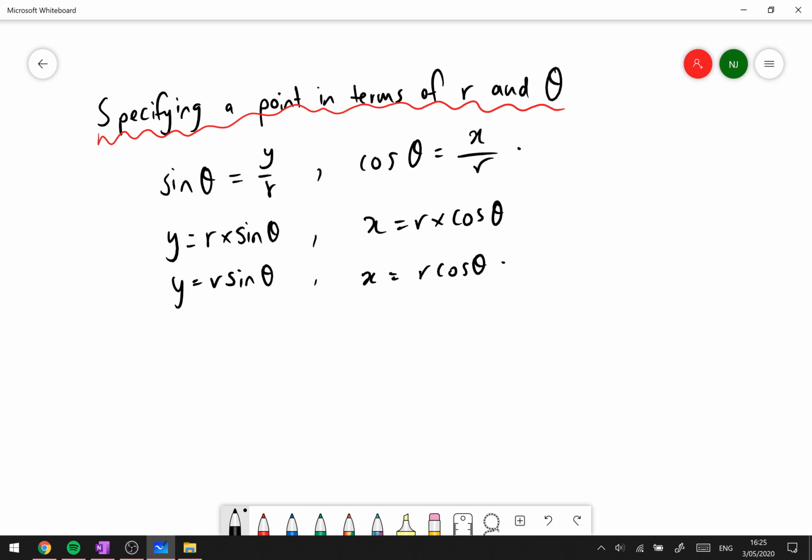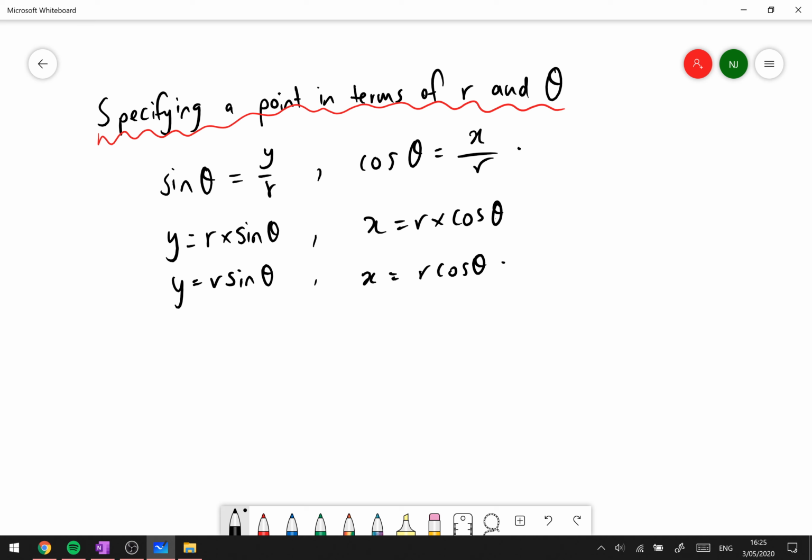Okay? So this is going to help us find our x and our y individual parts at any point of a circle, given the radius of the circle and an angle.